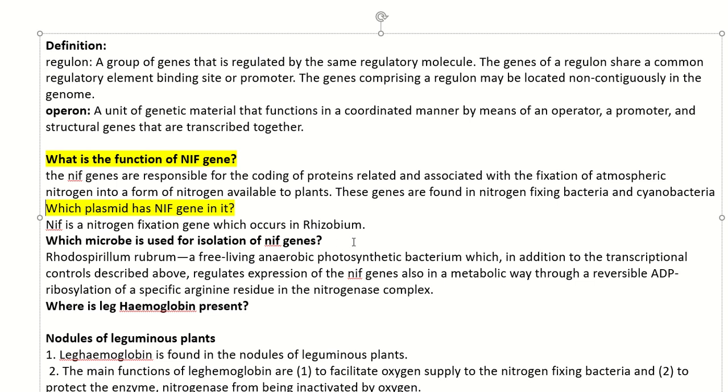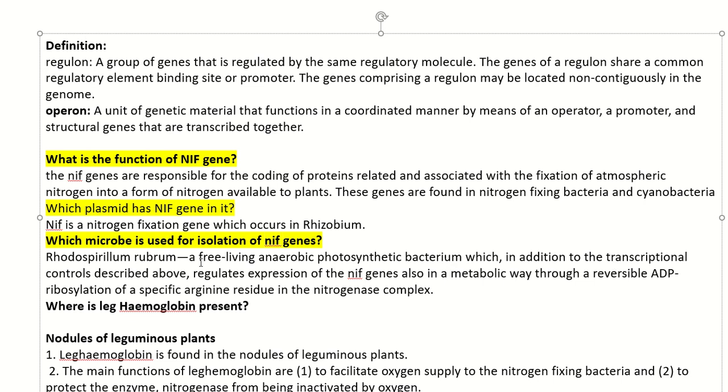Now, which microbes are used for isolation of Nif genes? So you can write a number of hosts can be utilized for Nif gene isolation, or microbes which are used. I am giving certain examples here.